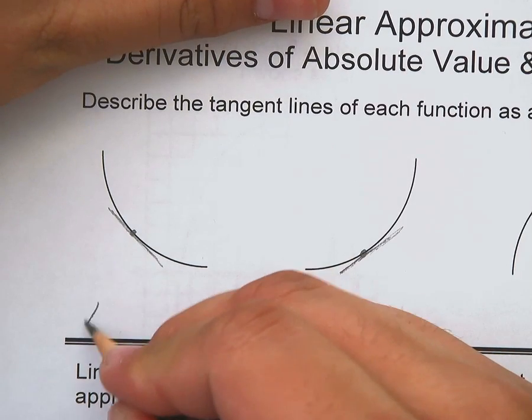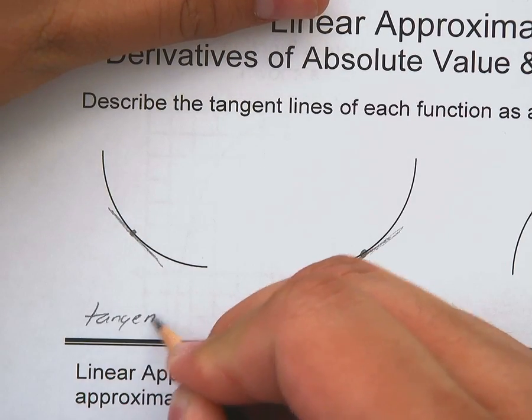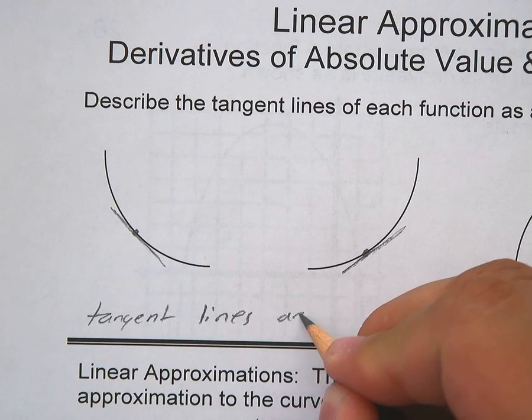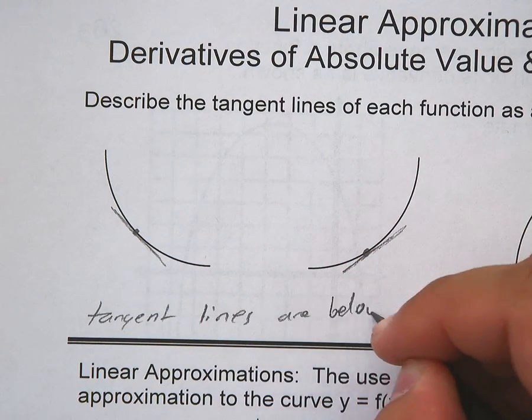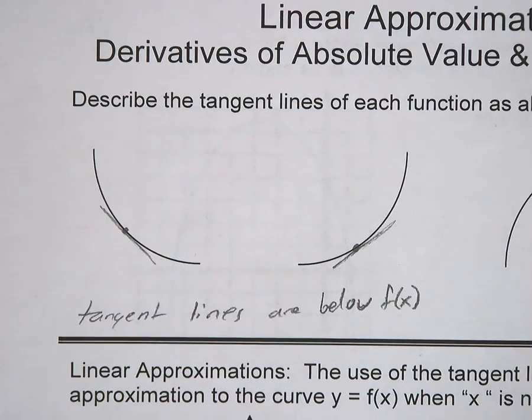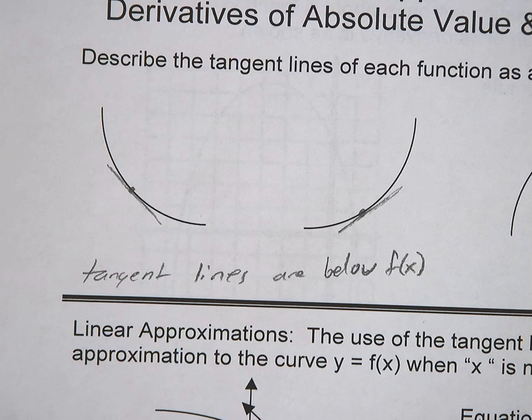What I'd like you to write down here is tangent lines are below f of x. In my descriptions for the problems, I'm always going to refer to a curve or a graph by the function name.